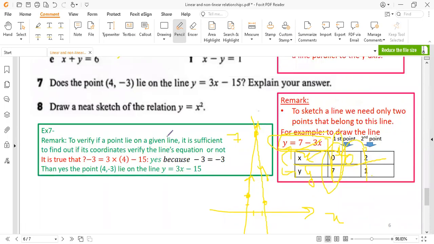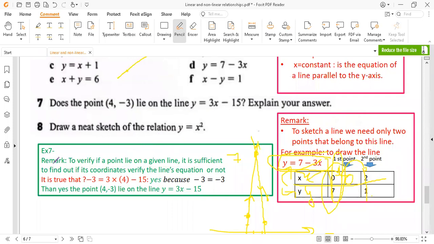So it is easy. About the exercise 7, to verify that a point lies on a given line, it is sufficient to find out if its coordinates verify the line equation or not. So normally we have these x and y, and we substitute the values of x and y in this equation.